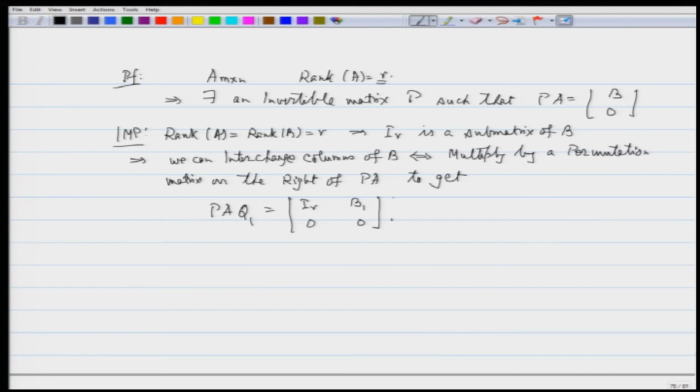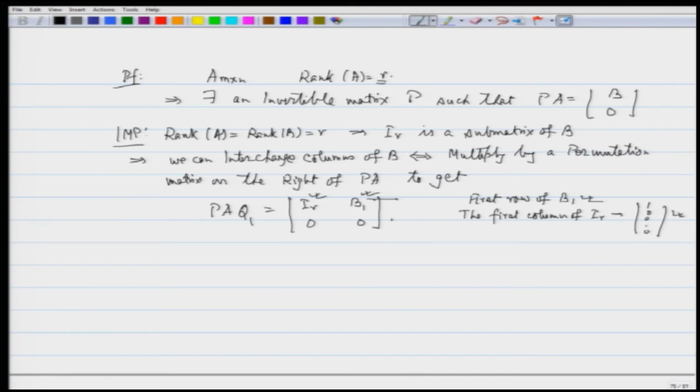Now, all right, once I have got this, then I can make all these entries 0 using this I_R. So, look at the first row of B_1, I can make this 0 using the first column of I_R, which was 1 0 0 0.